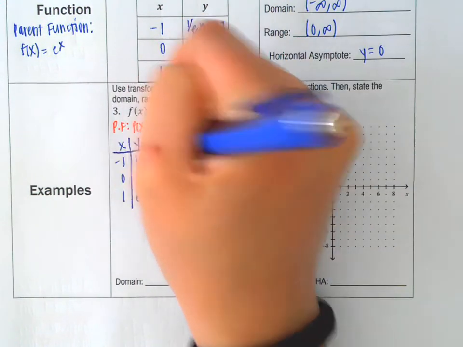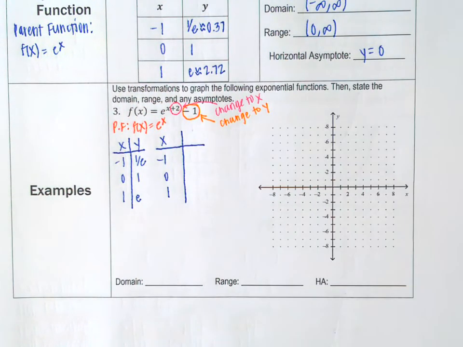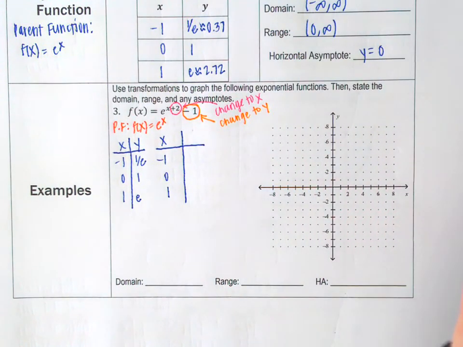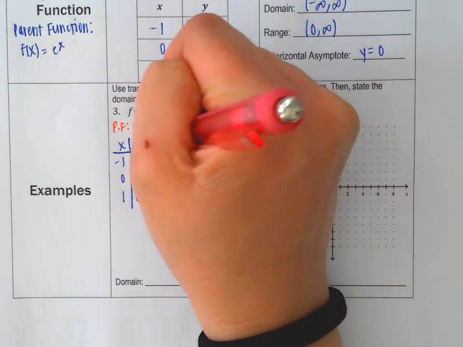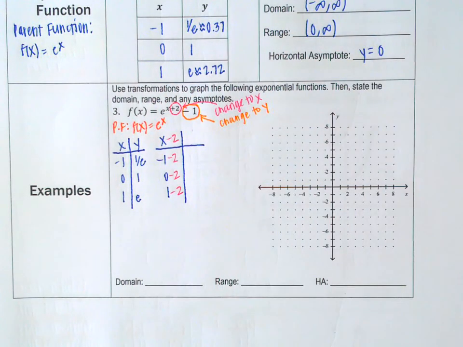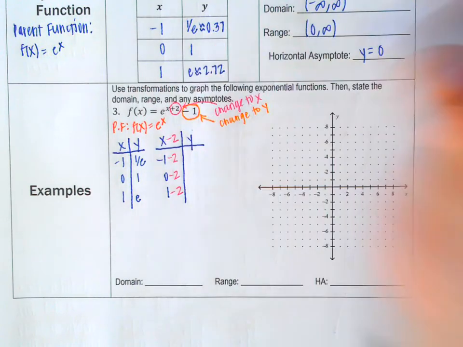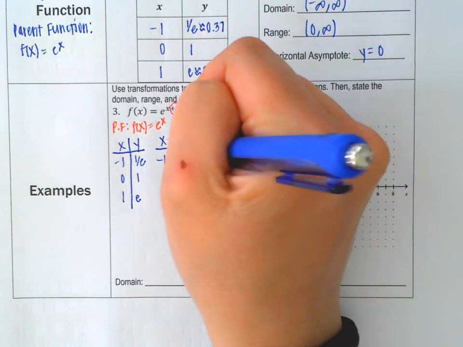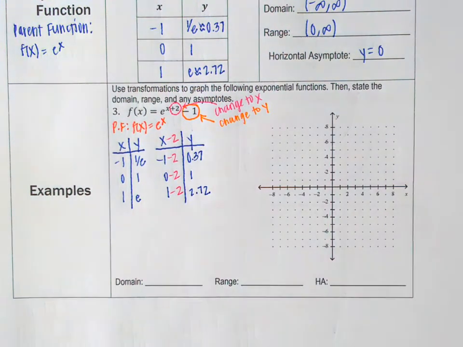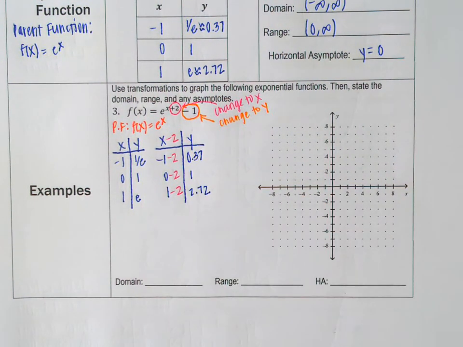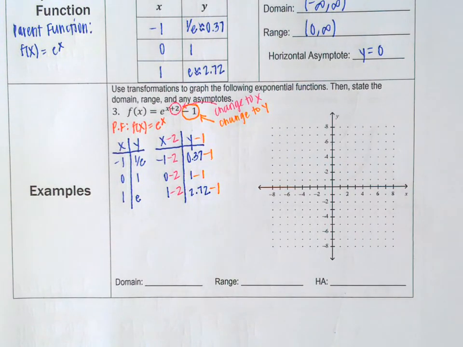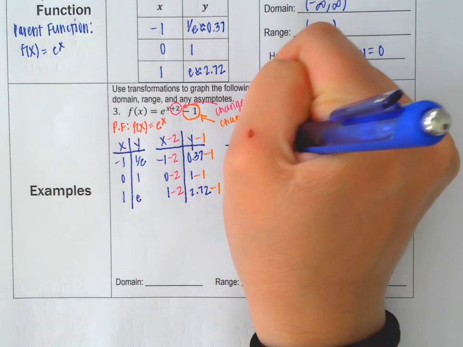To all of my x values, when it's a change to the x, remember we do the opposite operation. So because this is a +2, I'm going to subtract 2. And then to all of my y values, so 1 over e now is when I put in my decimals, that -1, remember we do the same operation, so I'm going to subtract 1 from all of these to get my final table.